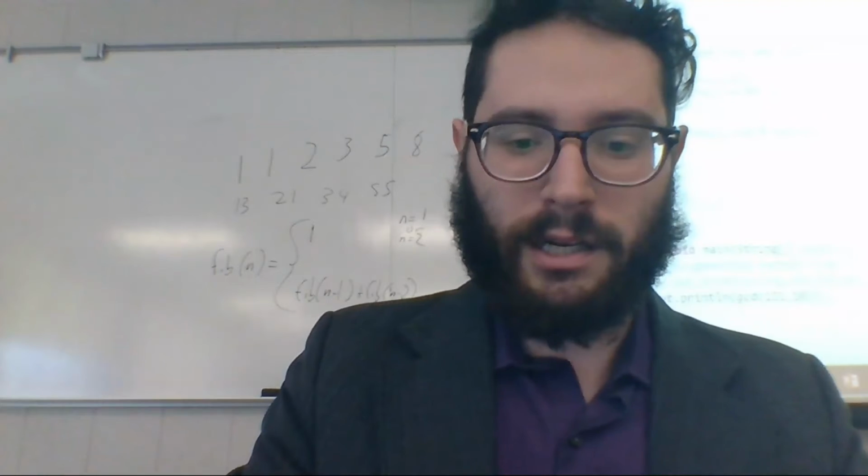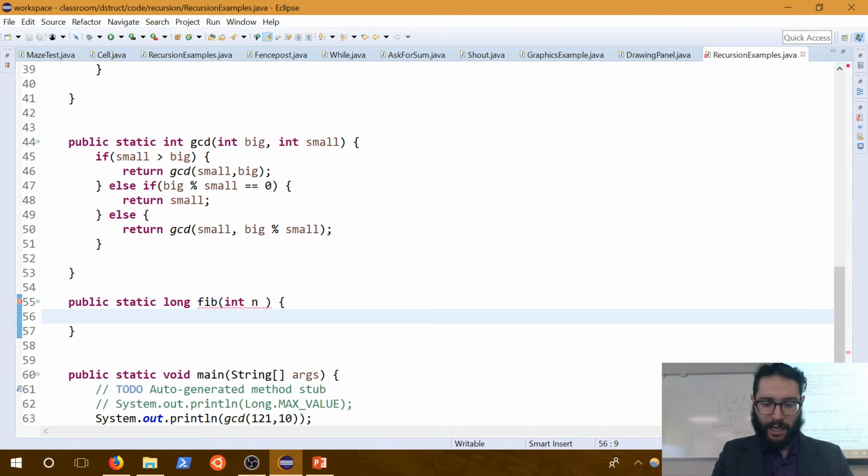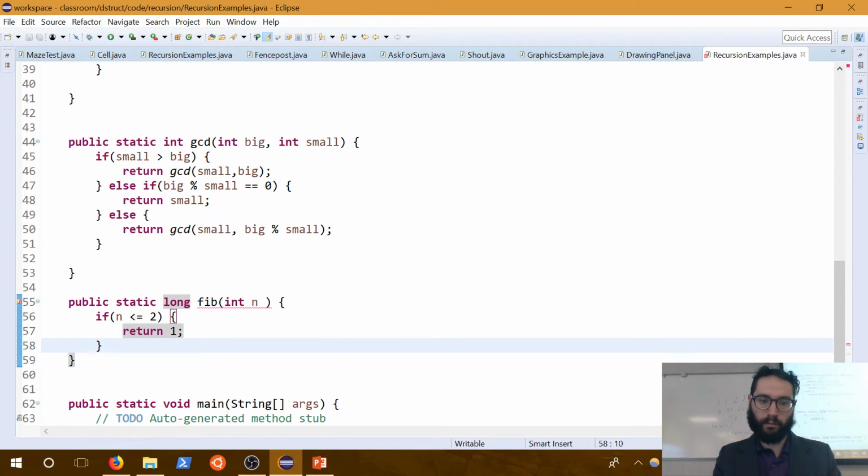So let's go ahead and just directly code that up. Because we did that for the rest, so that's obviously going to work here. Public static long, because again, these things get big quickly, fib(int n). So this is generating the nth Fibonacci number. If n is less than or equal to 2, return 1, in case somebody puts in 0.